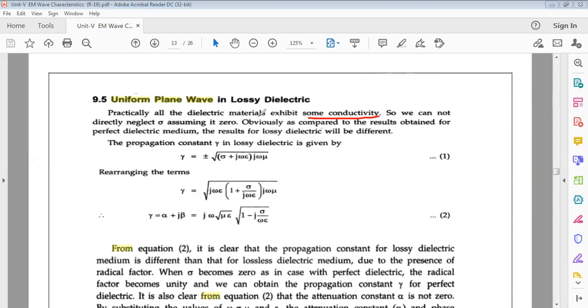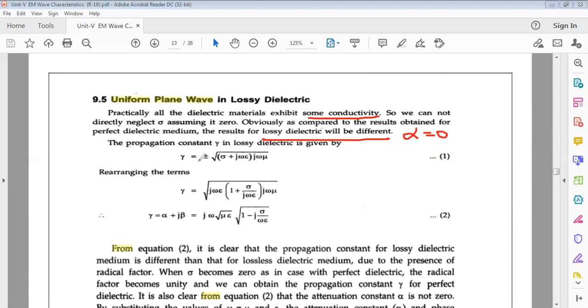But practically, it is not ignorable, so we cannot directly neglect sigma by assuming it is 0. The results for a lossy dielectric will be different from those for the perfect dielectric medium. Here alpha is not equal to 0 in a practical condition.